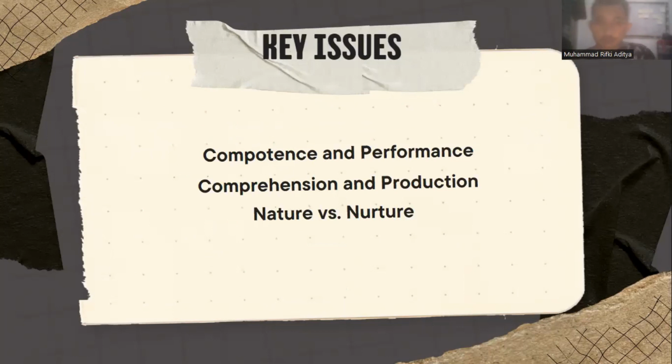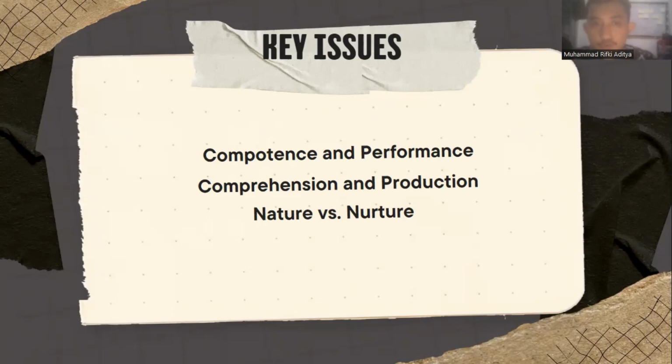So we came to the key issues. There are some key issues regarding this chapter. Here are some of them. We have competence and performance, comprehension and production, and nature versus nurture.